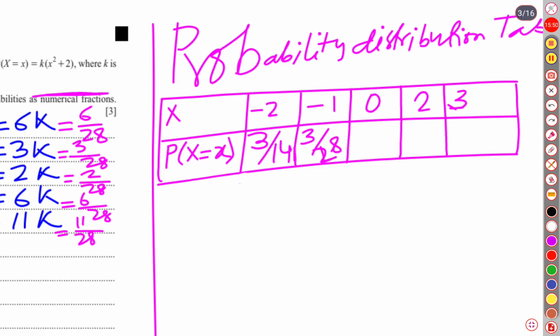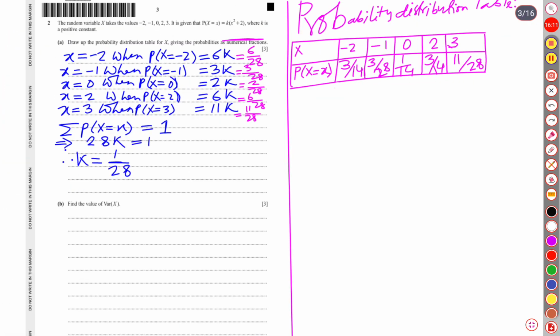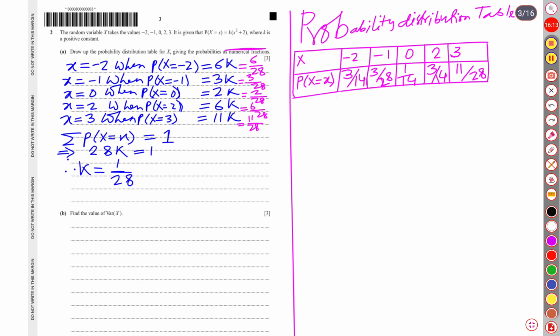After that, 2 over 28, that means 1 over 14. Then there comes 6 over 28, so again it is 3 over 14. And last of all, it is 11 over 28. So that is all about the probability distribution table of this scenario.